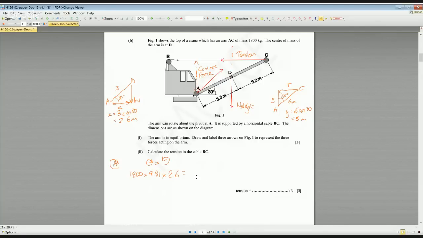And that is equal to the anti-clockwise moment. So the force causing an anti-clockwise moment is the tension, which is what we're trying to calculate. That's T, multiplied by the perpendicular distance to that force, which is 3 meters. Plug in our values, and that would give us an answer of T being 15 kilonewtons, or 15,300 newtons, and that is the correct answer.